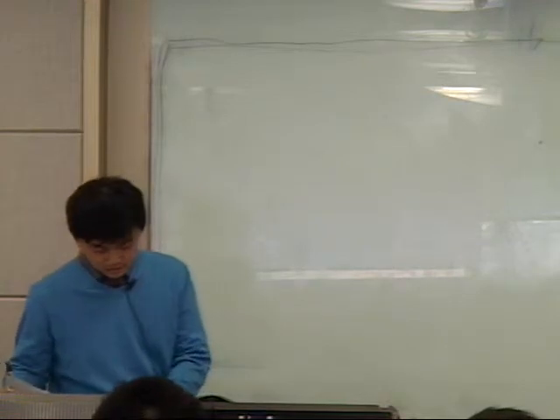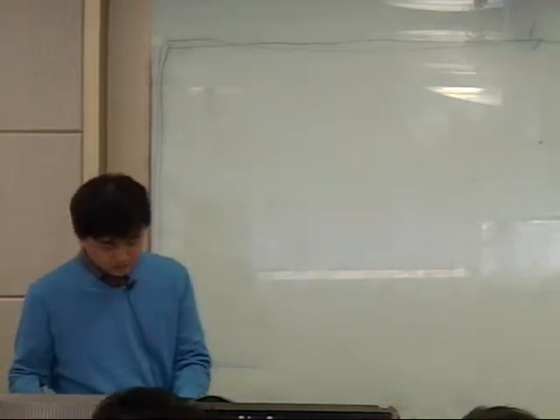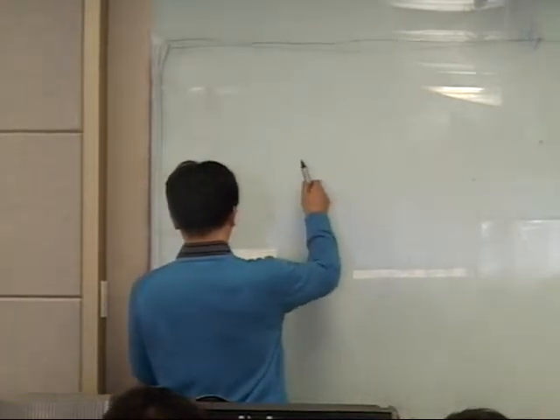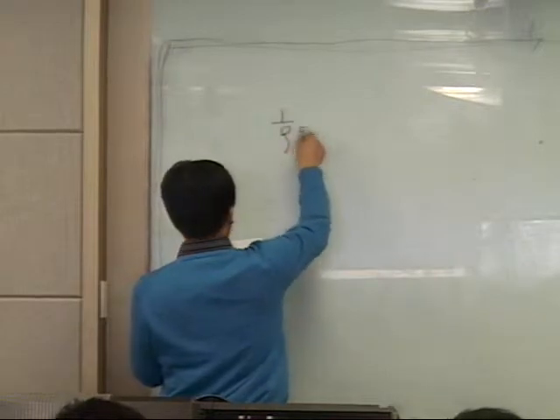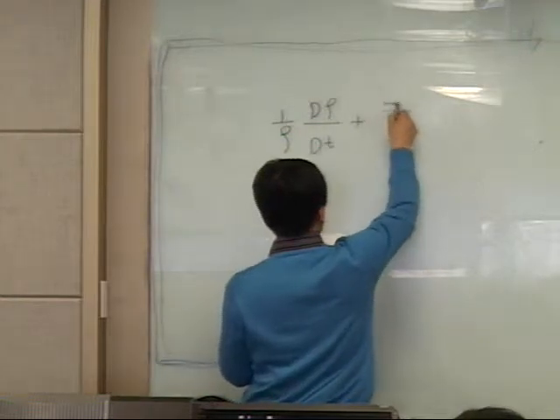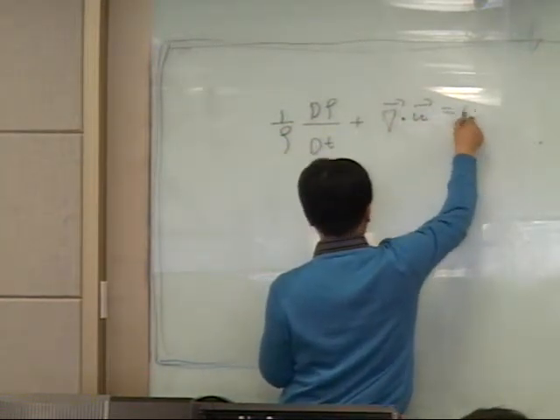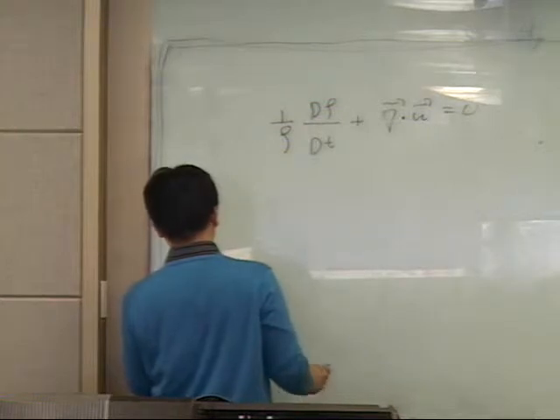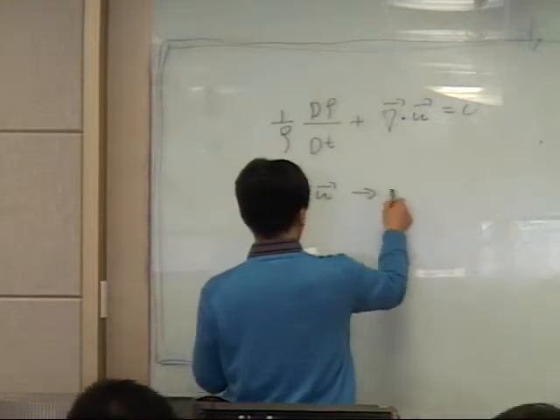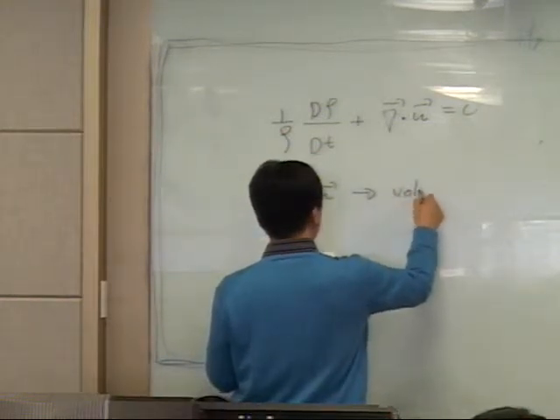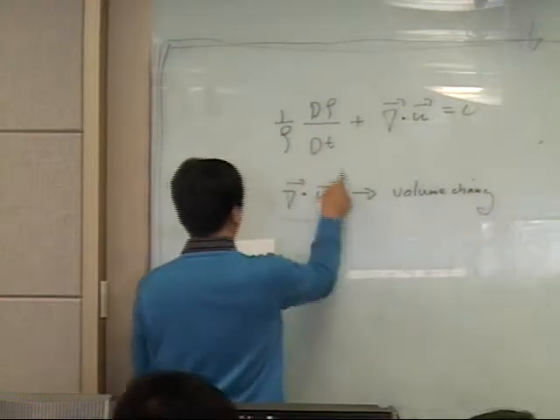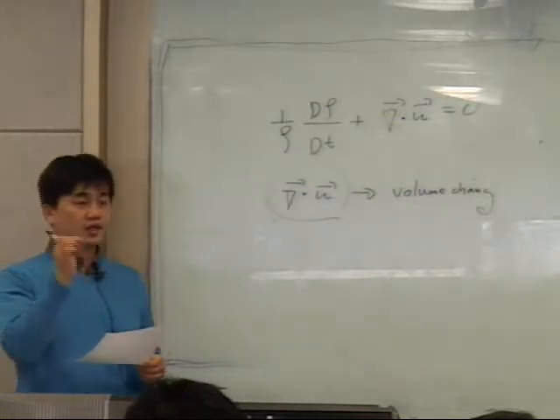So we have a continuity equation: 1 over rho, d rho dt, plus the divergence of u, equals 0. Here the divergence of u is a volume change. This means the volume change of that very, very small control volume.